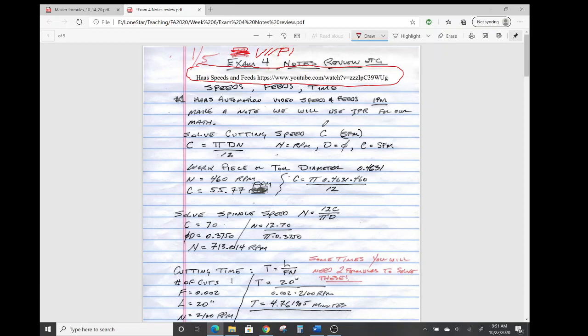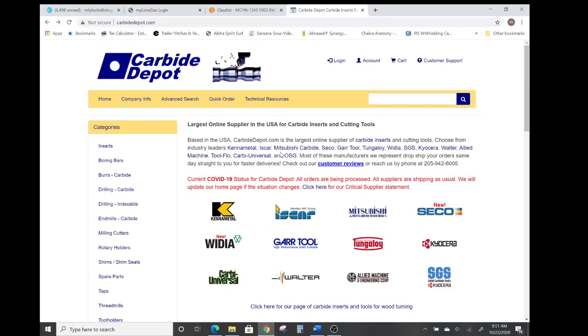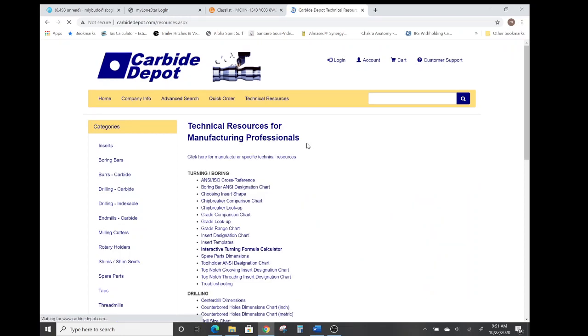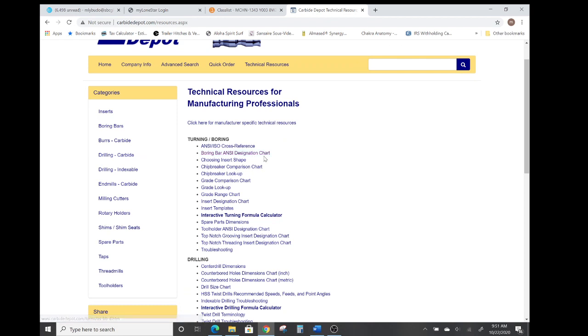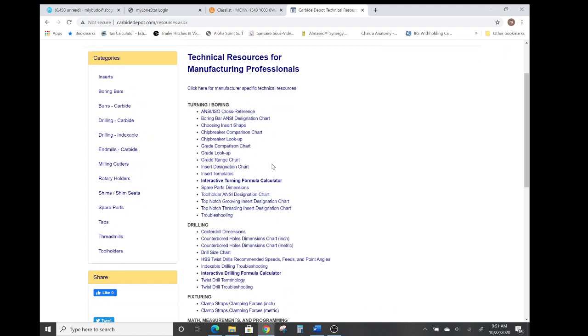Now, I want to make a note, and you need to understand this. For the purpose of this course, we are going to use IPR. There are many ways to do this. If you go to carbidedepot.com and click on Technical Resources, you will see all kinds of cross-reference charts.